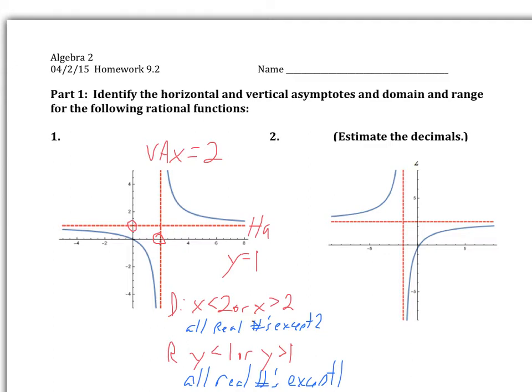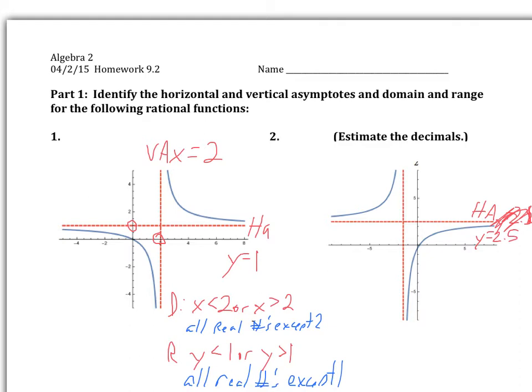Number 2 says we've got some decimals to deal with here, but again we've got a horizontal asymptote right there, and that appears to be crossing, let's see, these are counted by 1, so 1, 2 and a half maybe, so I'm going to say y equals 2.5, right on the edge of the screen there, sorry, y equals 2.5.